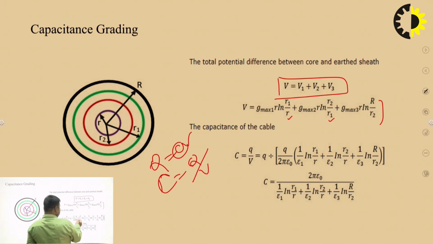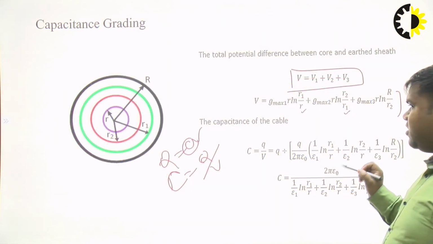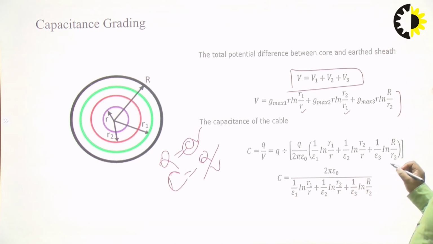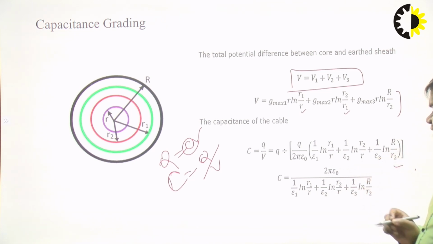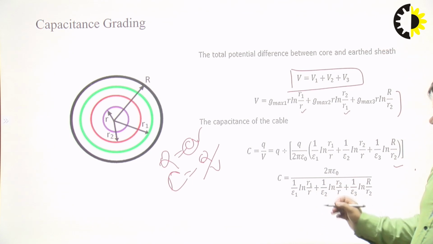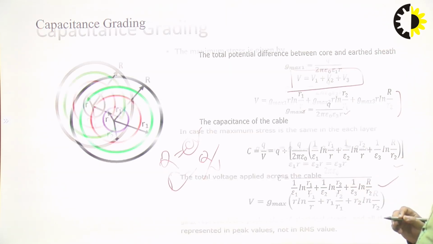So Q by 2 pi epsilon naught times 1 upon epsilon 1 ln r1 by r, plus 1 upon epsilon 2 ln r2 by r1, plus 1 upon epsilon 3 ln R by r2. So C is calculated as 2 pi epsilon naught divided by 1 upon epsilon 1 ln r1 by r plus 1 upon epsilon 2 ln r2 by r1 plus 1 upon epsilon 3 ln R by r2.